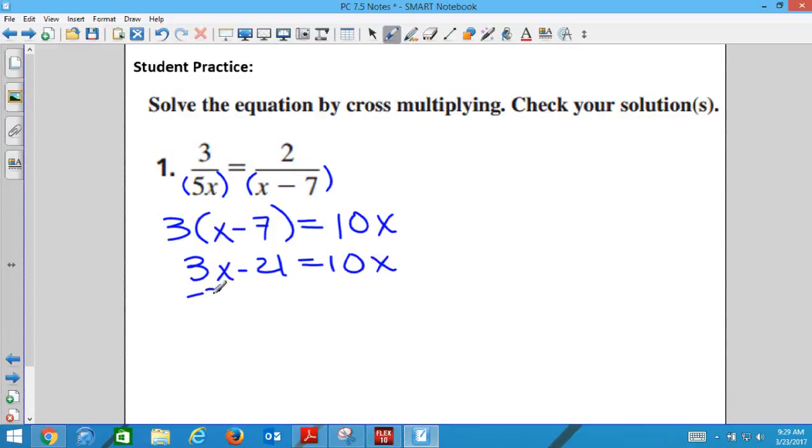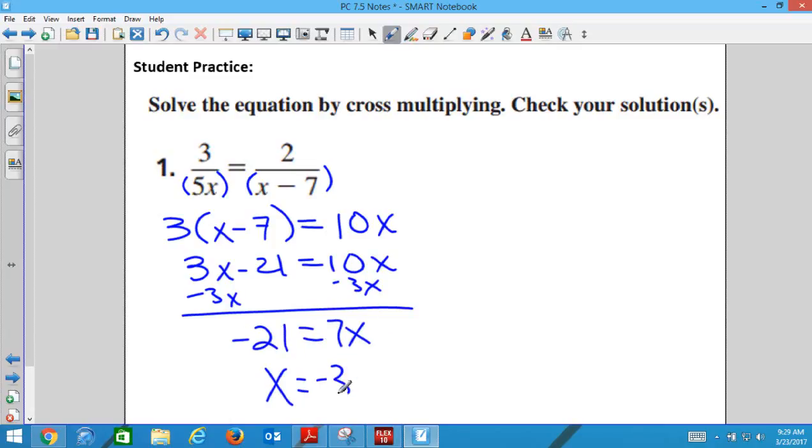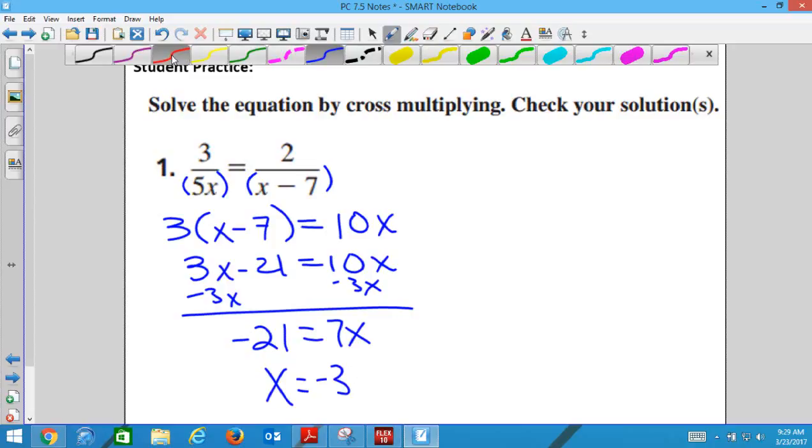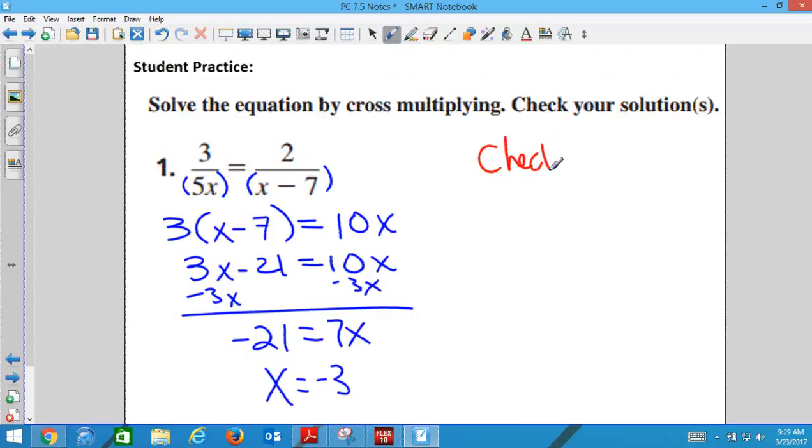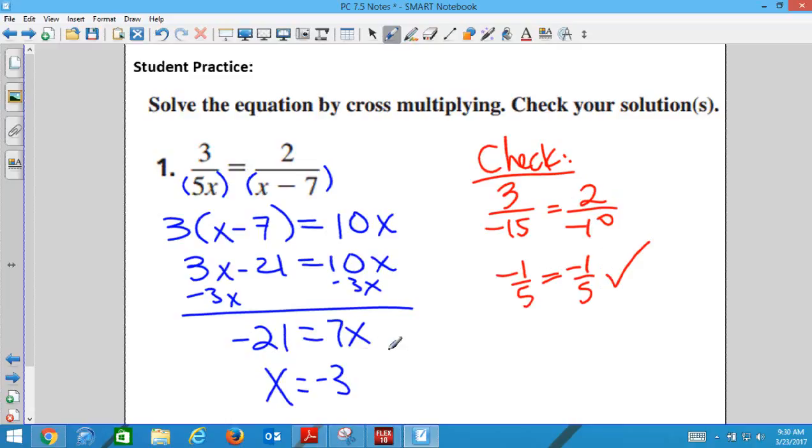And then I would subtract 3x from both sides. So I get -21 equals 7x, and divide by 7. So x is -3. I'm going to check it by plugging it in. 3 over -15 equals 2 over -10, and they both reduce to -1/5. So -3 is the answer for number 1.